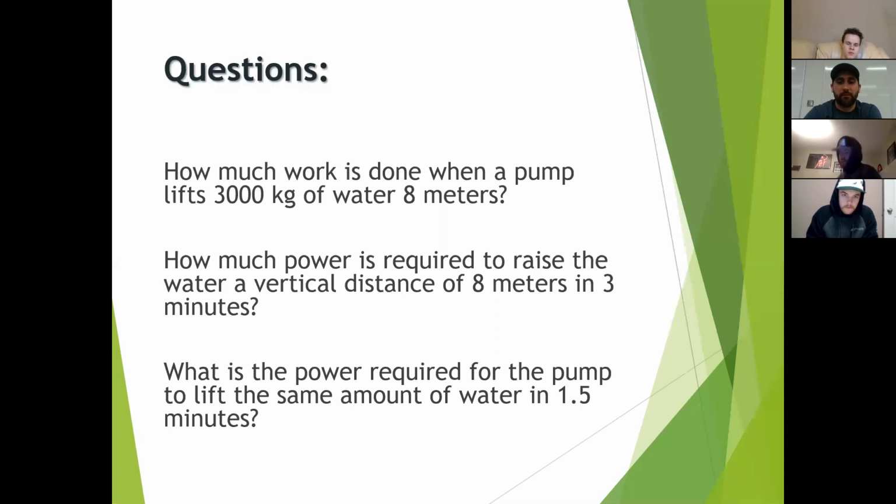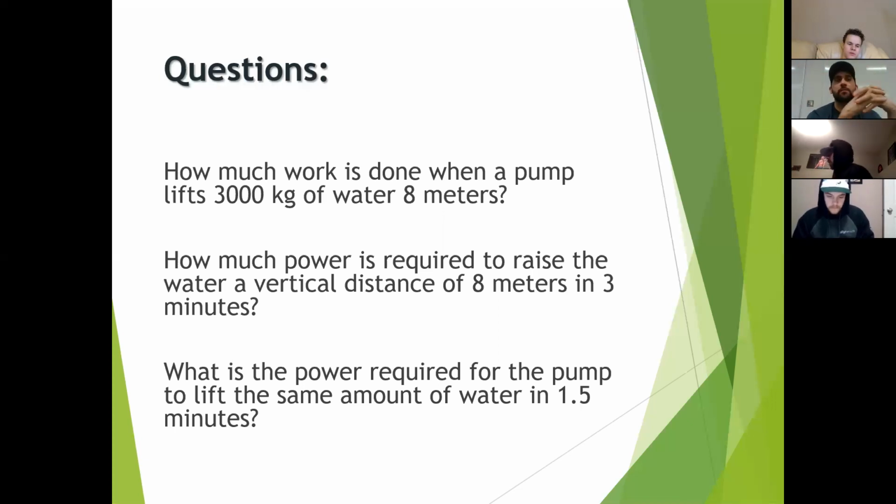Nice. Perfect. So if we wanted this work to be performed in half the time, we would need a motor that could deliver twice the amount of kilowatts. Okay? If we decrease the amount of time to do the work, this will increase the amount of power required to do the work.